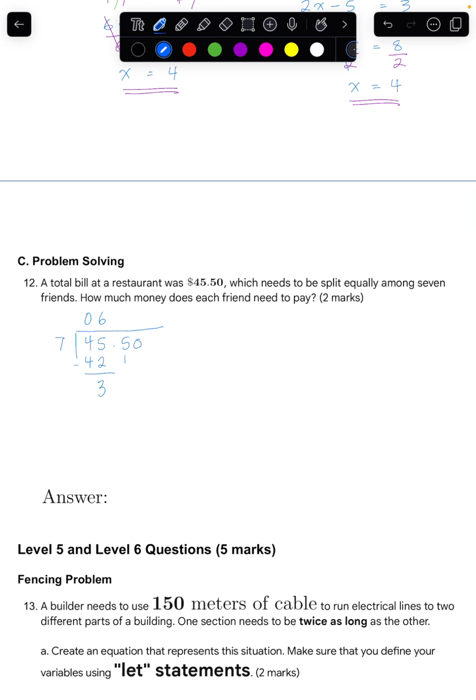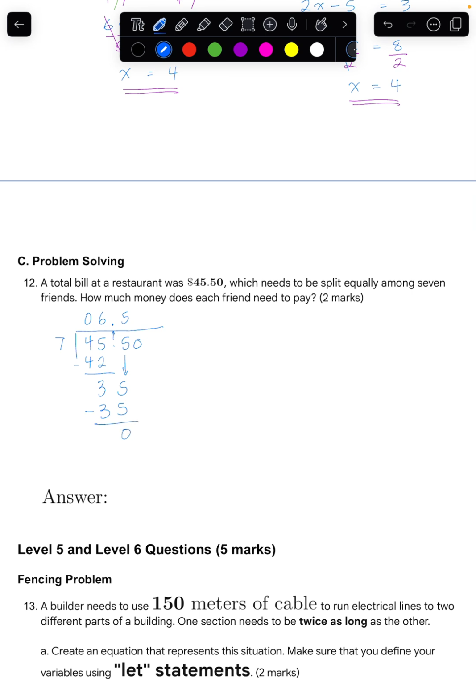And we'll bring down the 5. And we'll bring up the decimal point. Now, how many times does 7 go into 35? It goes evenly 5 times into 35. So 5 times 7 is 35, and we're left with 0.